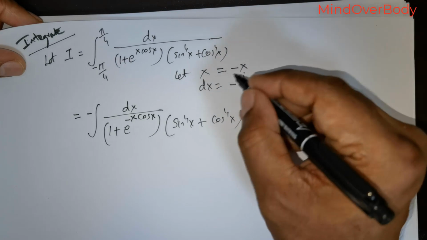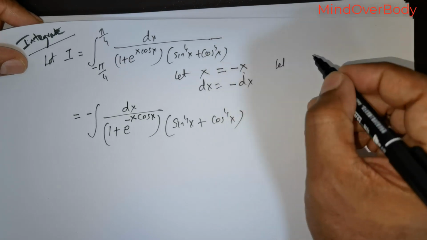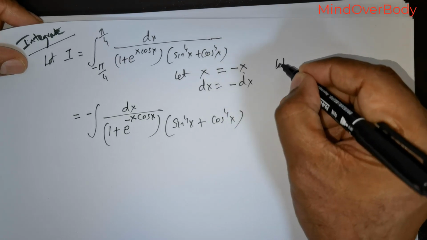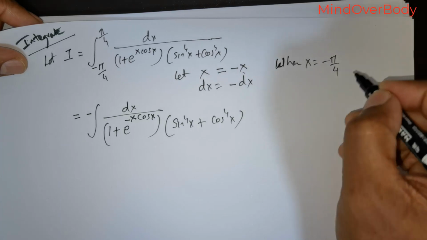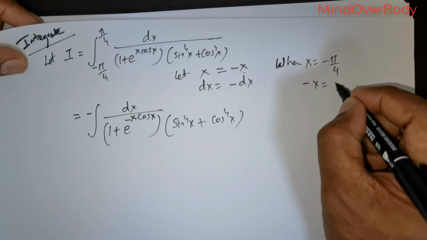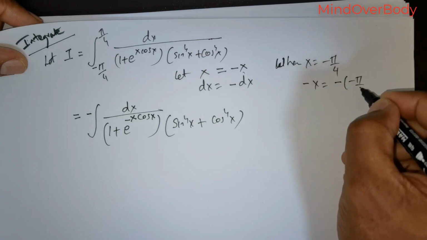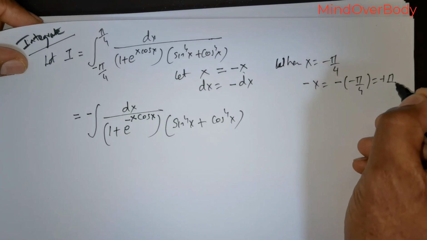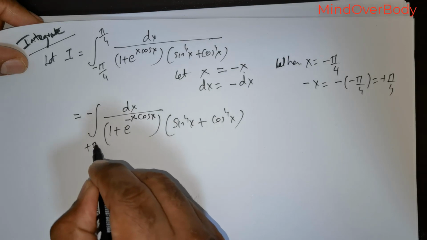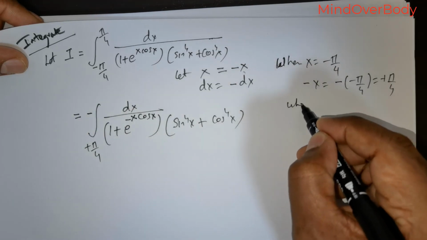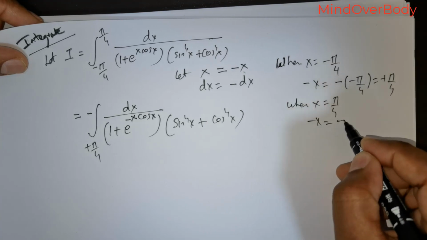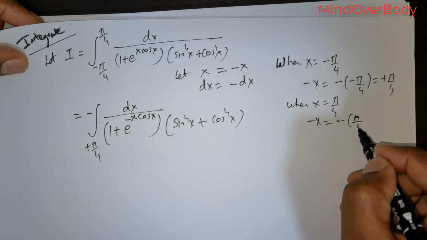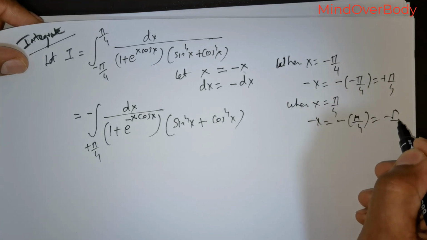Now the limits, let me put in the limits. When x is equal to negative pi over 4, negative x is equal to negative of negative pi over 4, that's nothing but positive pi over 4. So this is going to be positive pi over 4. Now when x is equal to positive pi over 4, negative x is negative of pi over 4, which is negative pi over 4.